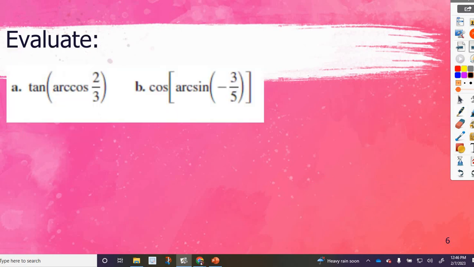Alright, let's do the next one. We're mixing things. So I don't have arcsine of sine or cosine of arccosine. So what we're going to have to use here is go back to what trig functions relate.